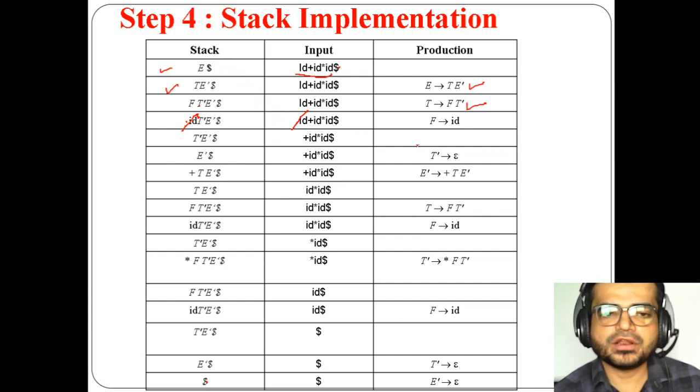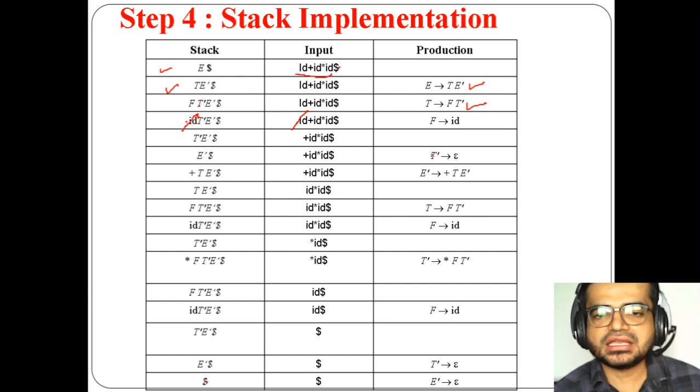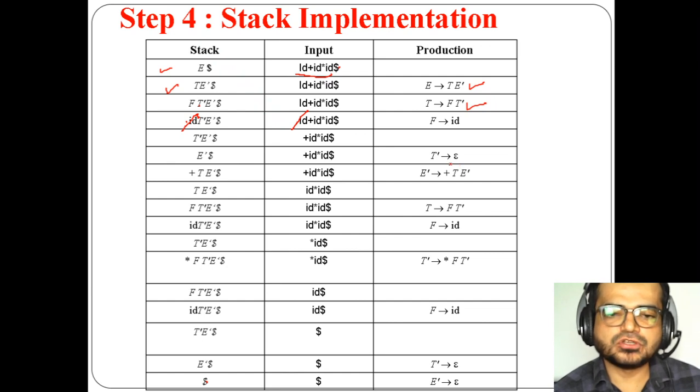Here there is no production because we have cancelled ID and ID. Now for T dash, which production do you have to take? Epsilon. Whenever you are taking epsilon, there is no need of changing anything; simply remove T dash from the stack. So what remains is E dash dollar, and the input will be as it is.